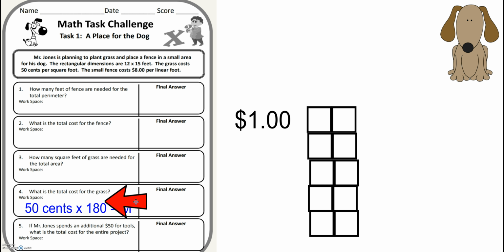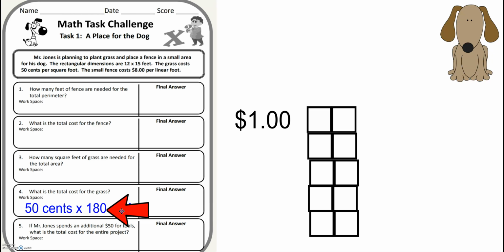So what can I do with this number to make it easier? For every $1, I'm getting 2. I doubled my 50 cents to $1, and I'm getting 2 of these.